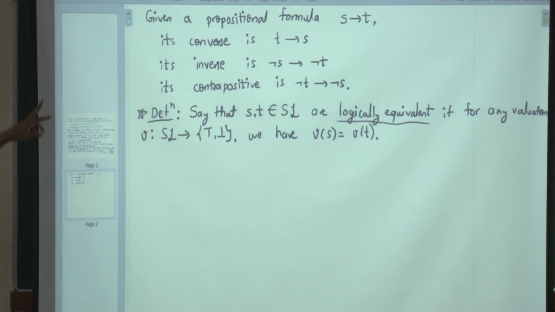So the truth value of S implies T will always be the truth value of negation T implies negation S for any given valuation.